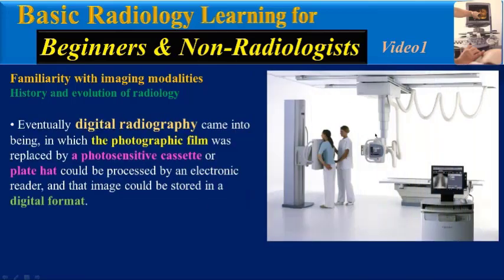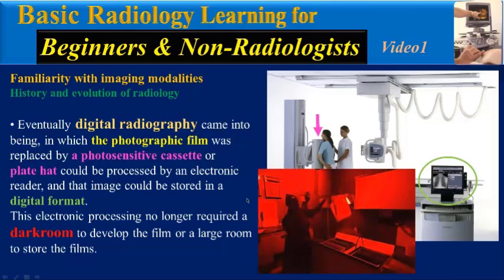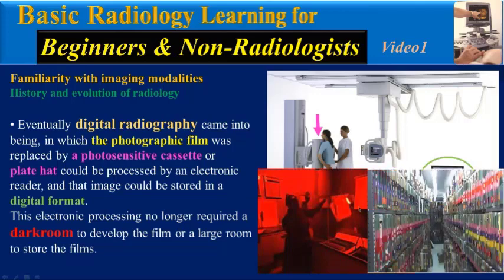Eventually, digital radiography came into being, in which the photographic film was replaced by a photosensitive cassette or plate that could be processed by an electronic reader, and that image could be stored in a digital format. This electronic processing no longer required a dark room to develop the film or a large room to store the films.